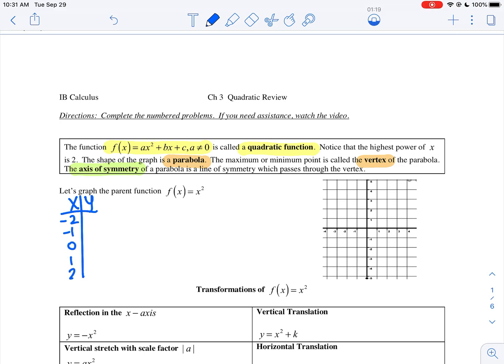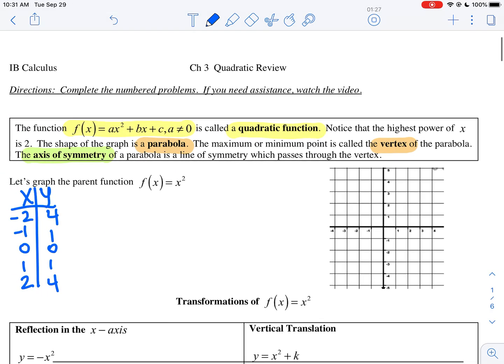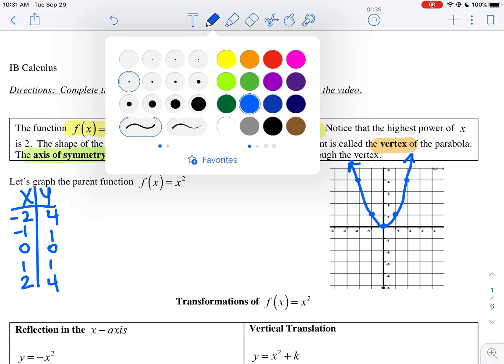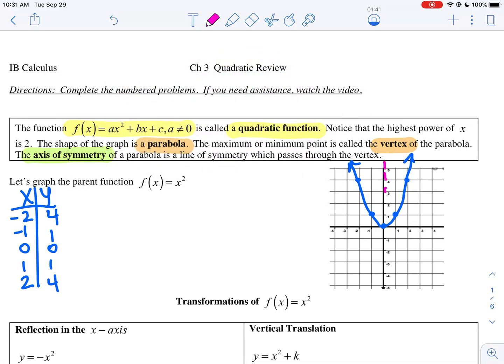All right, so if we go back to our parent function, the parent function is f of x equals x squared. So if I plot that 0, 0, notice the symmetry. And we're going to use symmetry as we graph parabolas. And then if you imagine that vertical line, the vertex of the parent function is 0, 0.